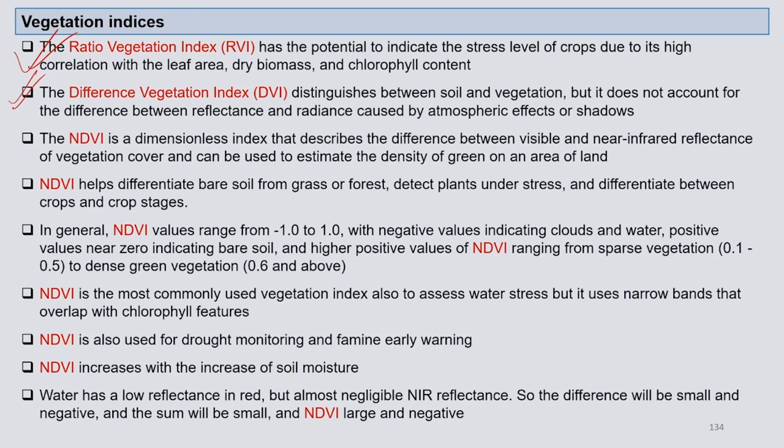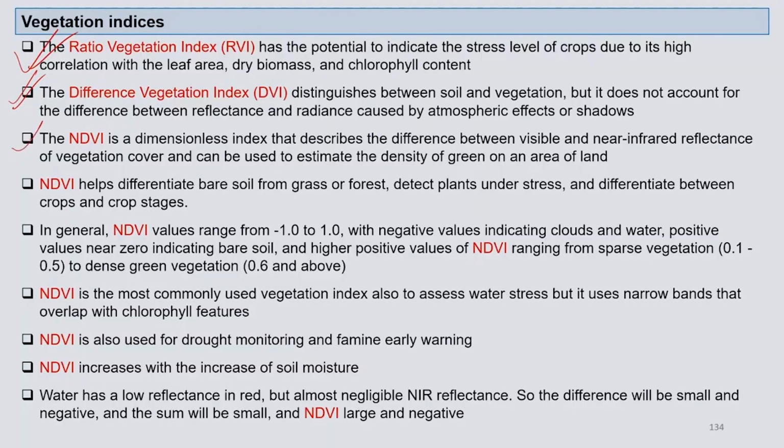DVI helps in distinguishing between soil and vegetation, or crops or plants, but it does not account for the difference between the reflectance and the radiance caused by various atmospheric effects or shadows for any region. Okay. So, that it cannot give you.